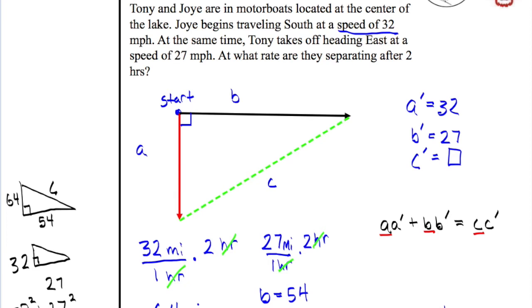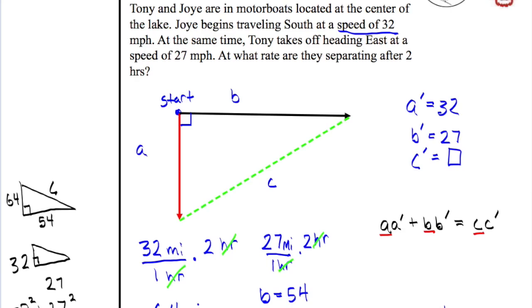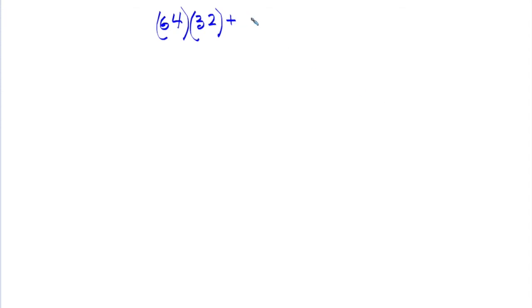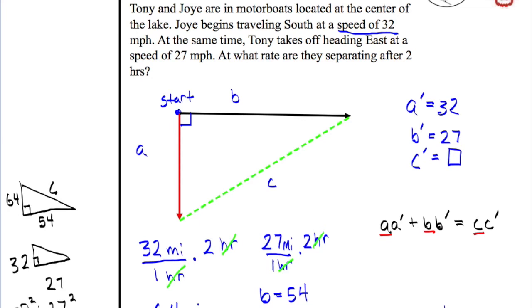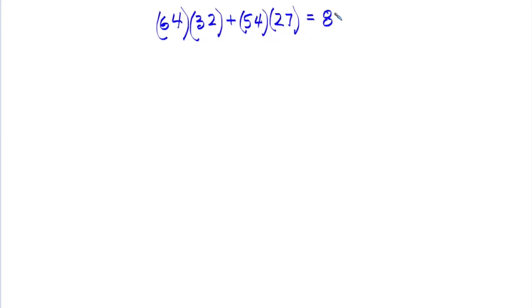A was 64, times A prime, which was 32, plus B, which is 54, times 27, equals that number, 83.74 C prime.